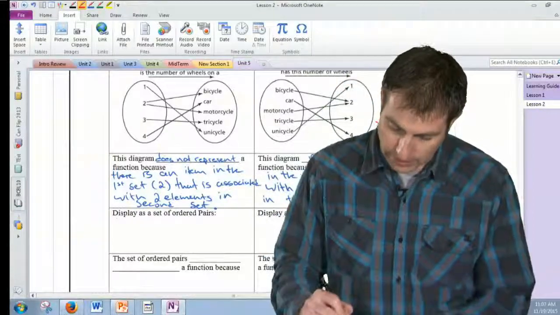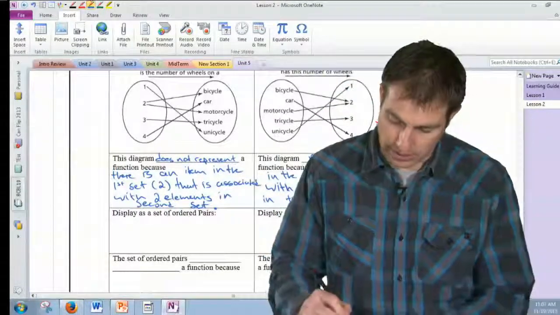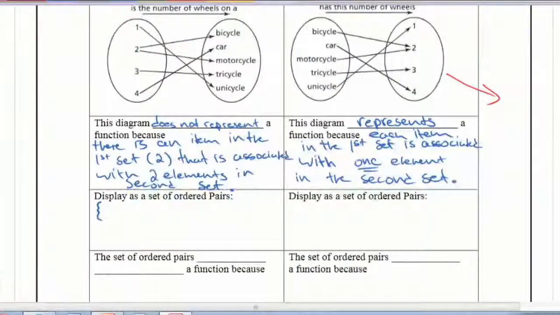So as a set of ordered pairs, sets always start with squiggly brackets, and then my first ordered pair is going to be 1, and that represented a unicycle. And then I had 2, which was a bicycle, and 2 also represented a motorcycle.